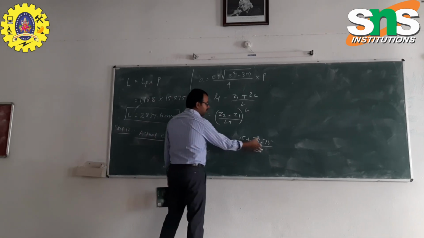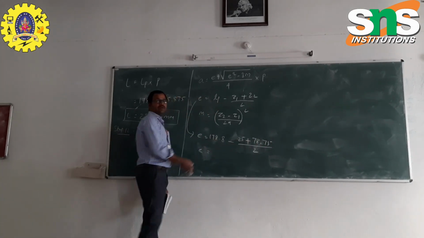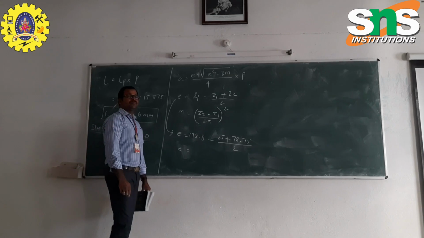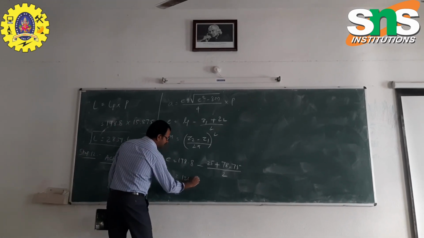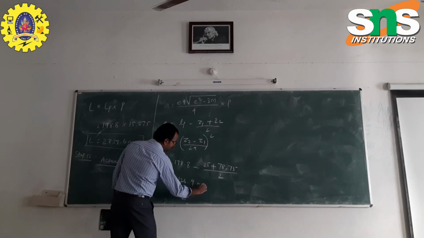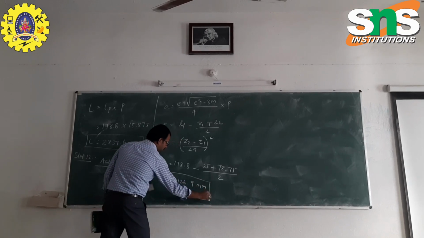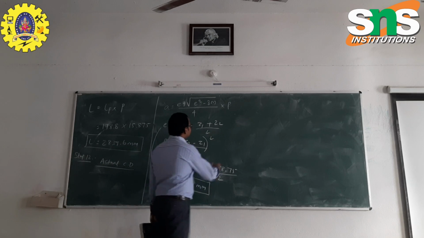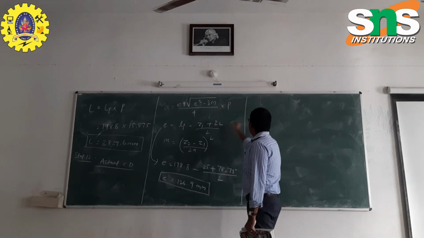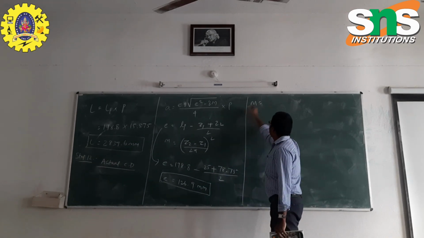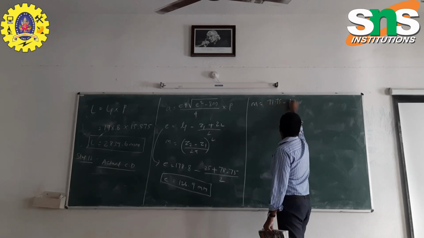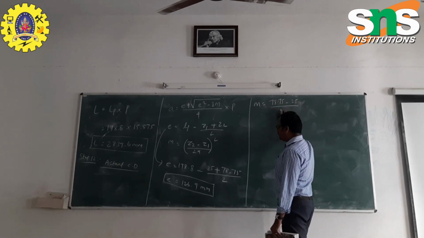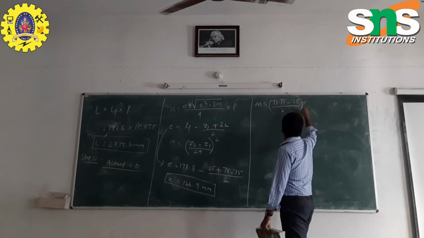you just calculate this and separate from this value. 126.9 in terms of mm. Now we want to calculate the next, the m value. So m is equal to Z2, which becomes 78.75 minus 25, divided by 2, the whole square.